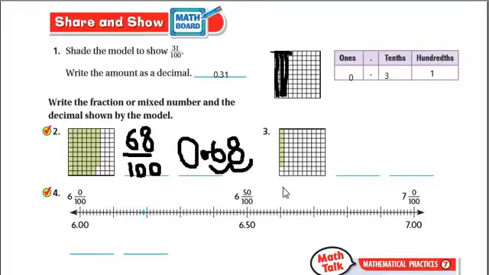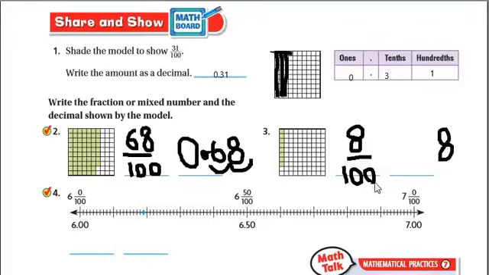Okay, this is not one whole. How many squares are shaded? They are only 8. 8 out of 100. 8 hundredths. This is the fractional form. Let's write it in the decimal form. I write my numerator, which is 8.